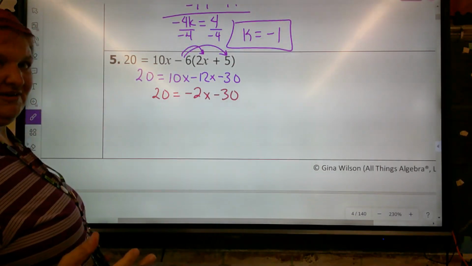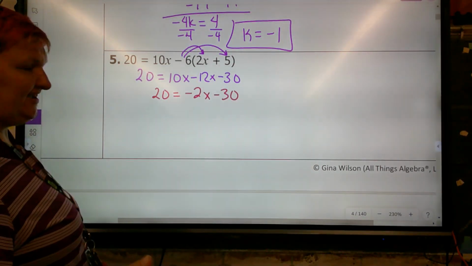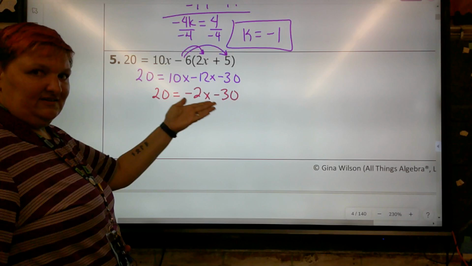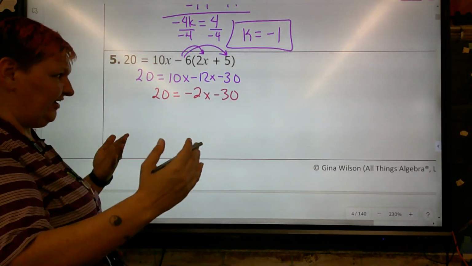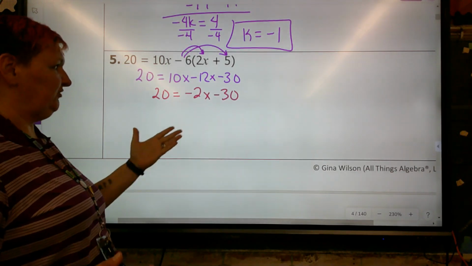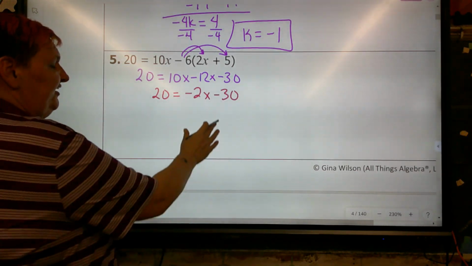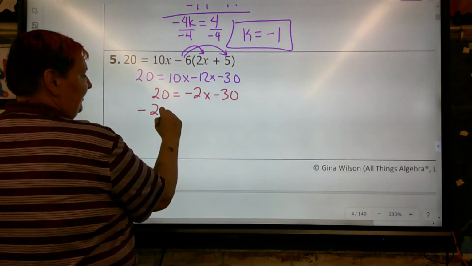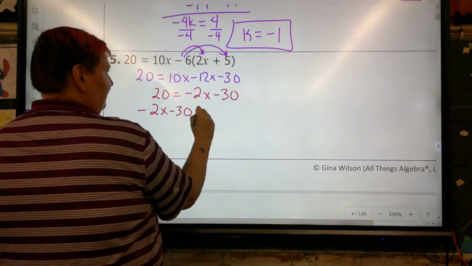You can flip this around. Remember, symmetric property says if the left side is equal to the right side, then you can flip them around. I work better when the variable's on the left, so I'm literally going to move everything. I'm just going to flip it, so it's going to be negative 2x minus 30 equals 20.